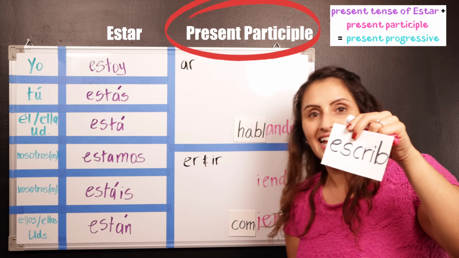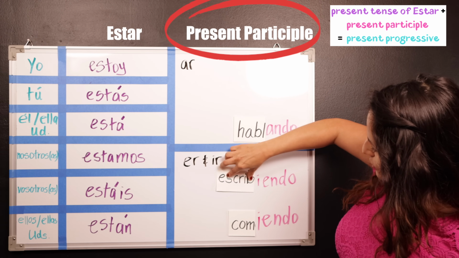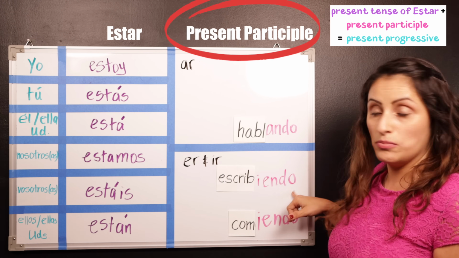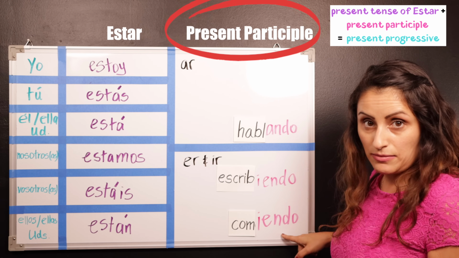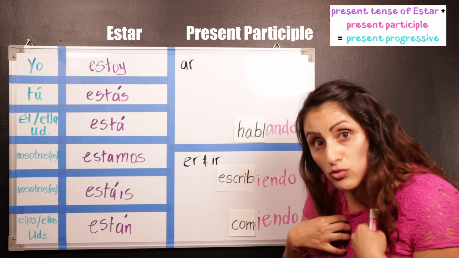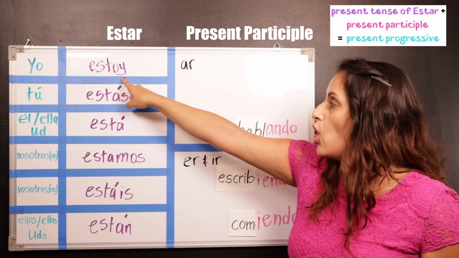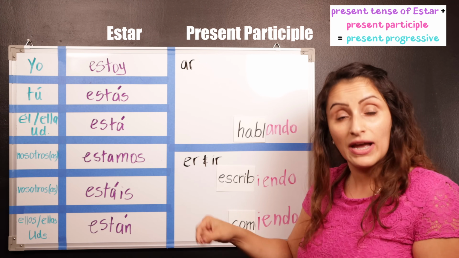Poof, gone. And now all we're going to do is add yendo, because ER and IR verbs share the same ending for the present participle. So if I am writing, I would say estoy escribiendo. Like right now, I'm doing this right now.